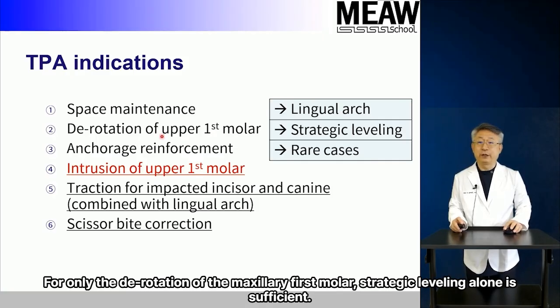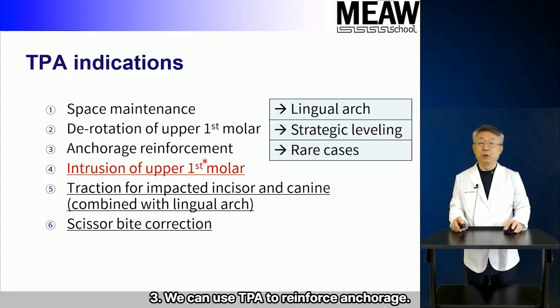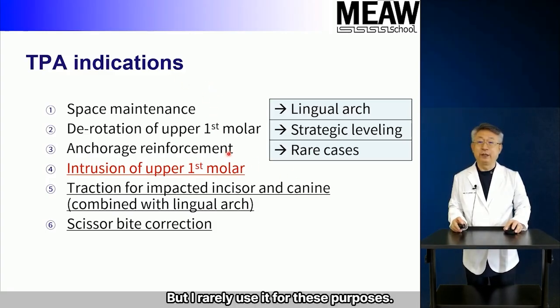For only the derotation of the maxillary first molar, strategic leveling alone is sufficient. We only use TPA while simultaneously derotating the maxillary first molar and maintaining space or reinforcing anchorage. 3. We can use TPA to reinforce anchorage, but I rarely use it for these purposes.